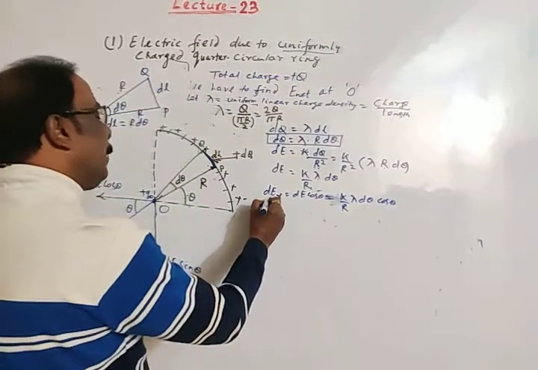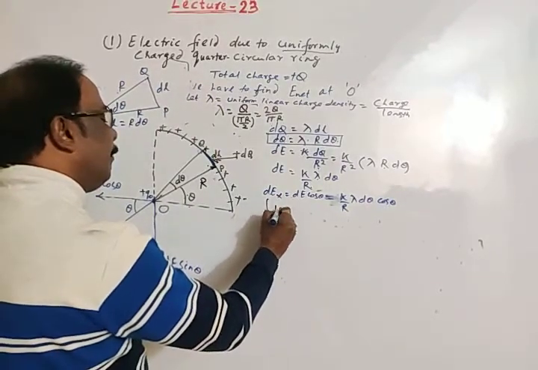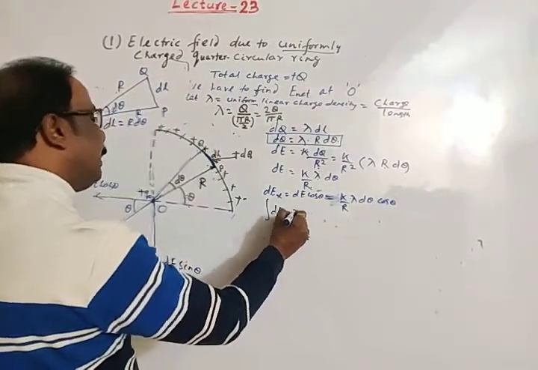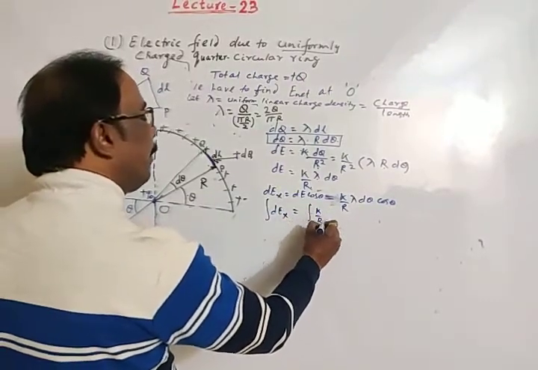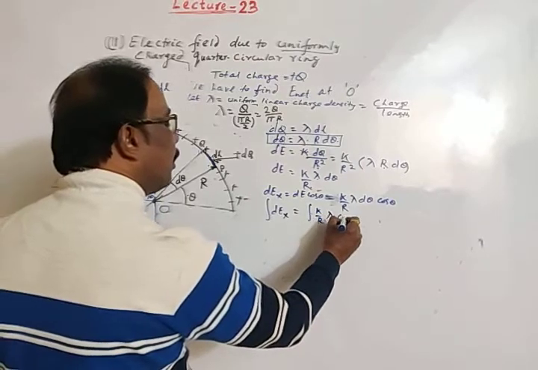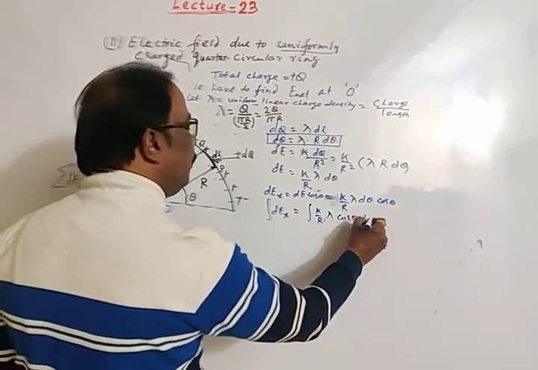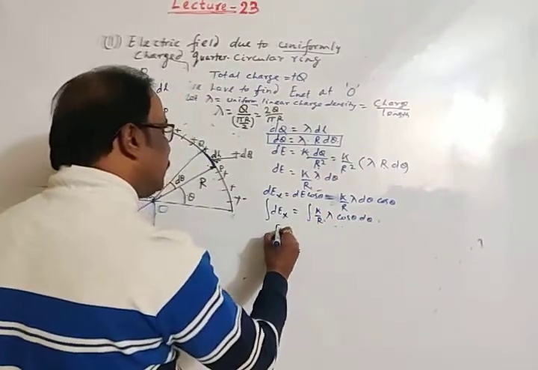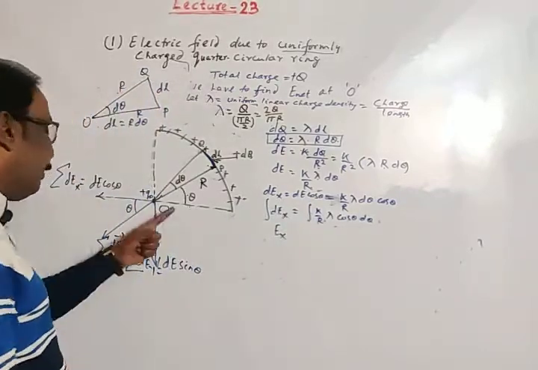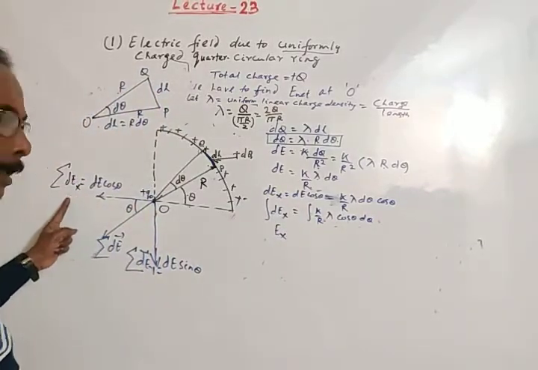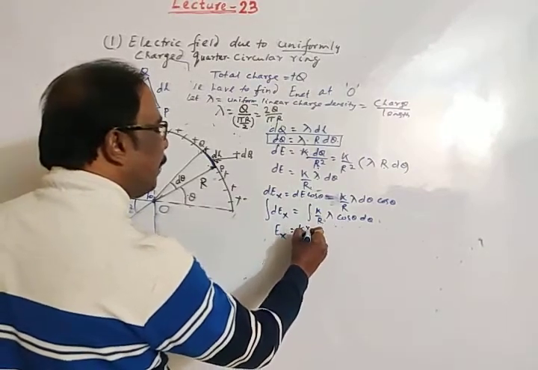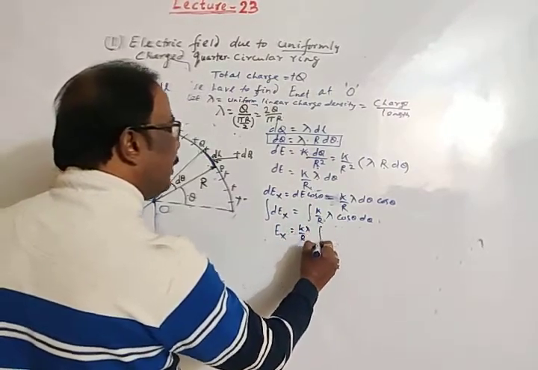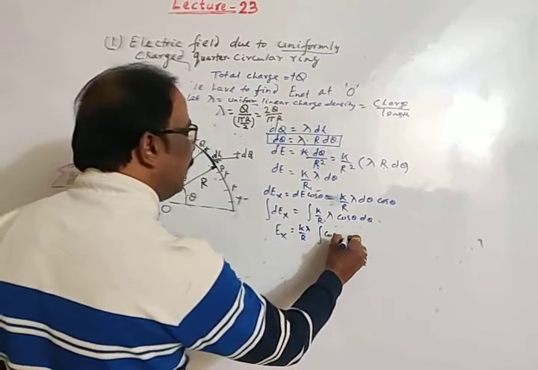Then the total electric field means integration of dEx along the x-axis, which is integration of k by r lambda cos theta d theta. This is the resulting electric field along the x-axis, k by r lambda integration of cos theta d theta.